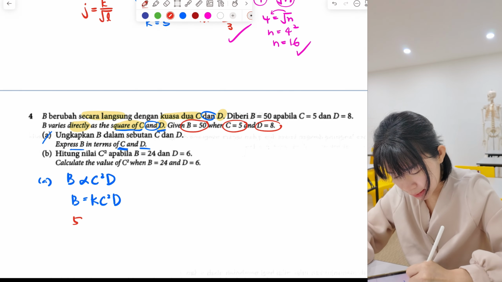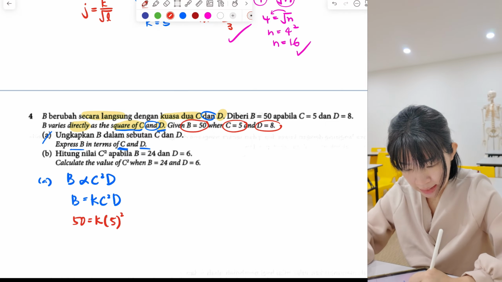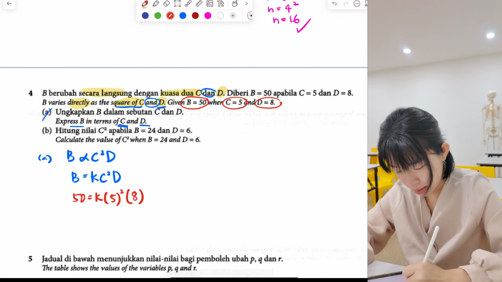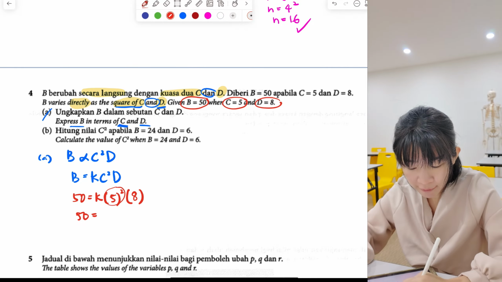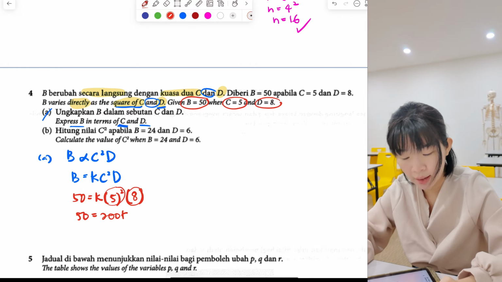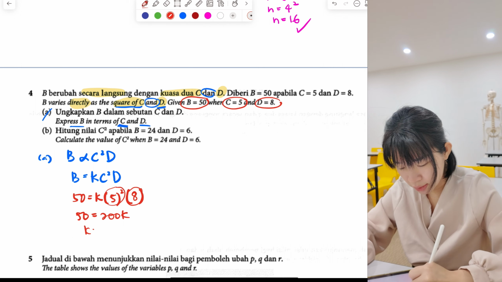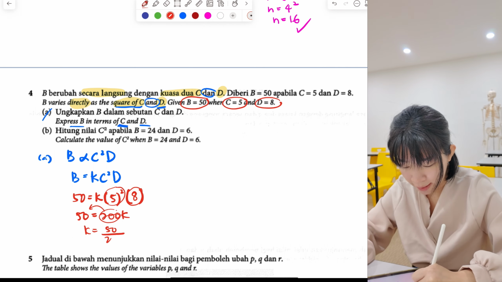So 50 equals K, C is 5, 5 square, D is 8. 50 equals, now 5 square, 25, 25 times 8, 200K. To find K, this 200 bring over, becomes divide. So 50 divided by 200.